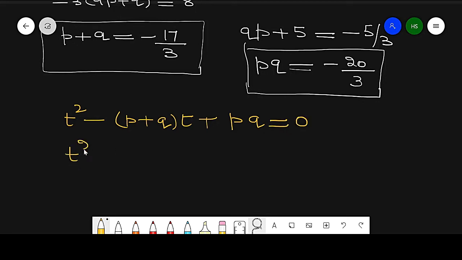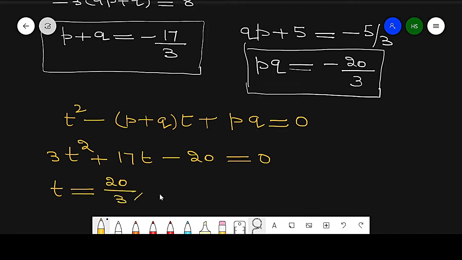So 3t^2 + 17t - 20 = 0. Now simplify, we get the values of t: 20/3 is one root, and the second is -1.